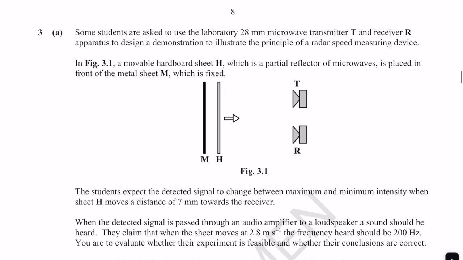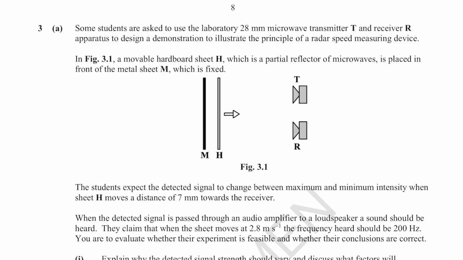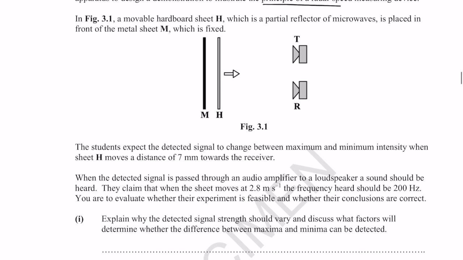Question number 3. We are given that some students are asked to use the laboratory's 28 mm microwave transmitter and receiver apparatus design, a demonstration to illustrate the principle of a radar speed measuring device.